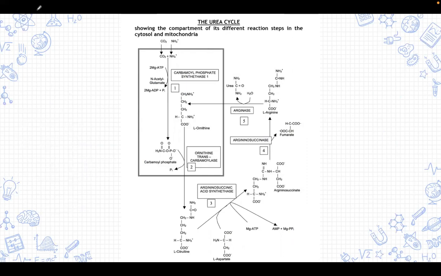Yung ammonia, si NH4, it will come to the mitochondria. Again, mitochondria.